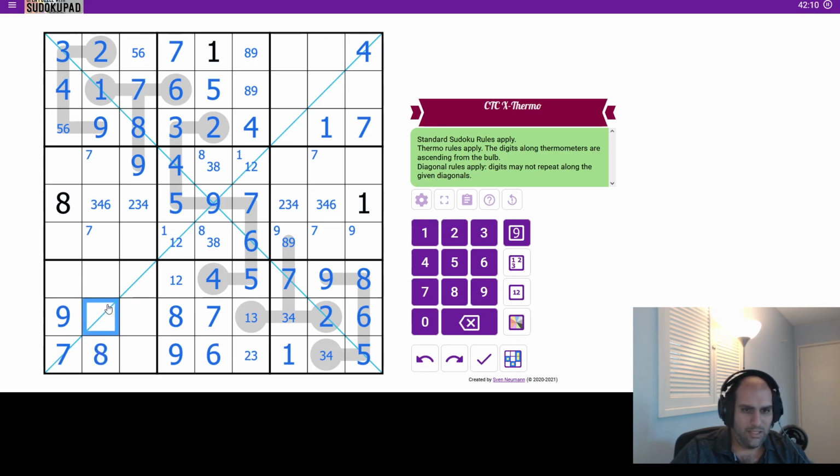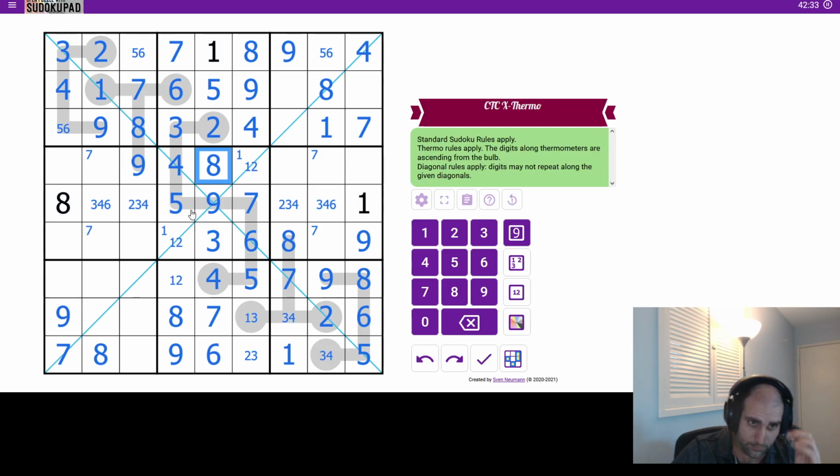Now I have not placed 8 on this diagonal, so it must go precisely here. 5, 6, and 9 to place in here. Makes this an 8. 9, 3, 8. There's probably stuff staring at stuff right now.